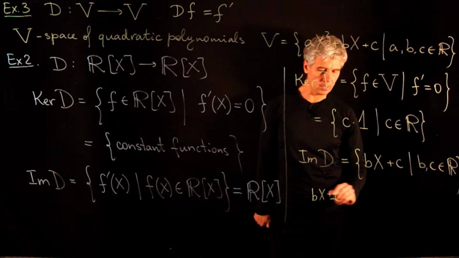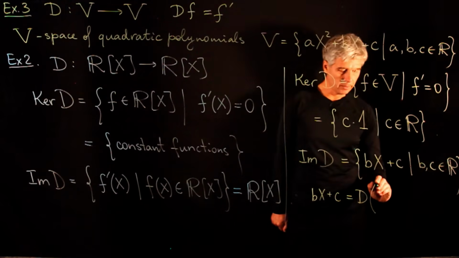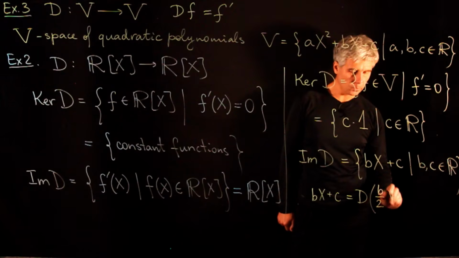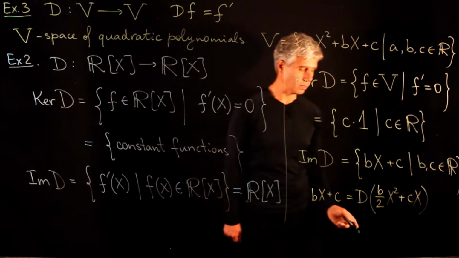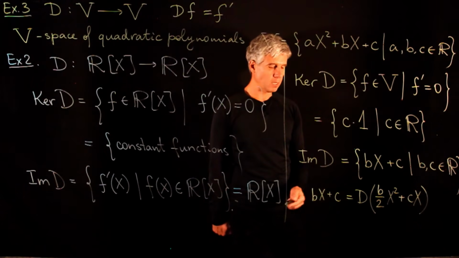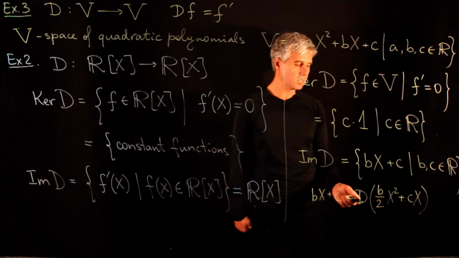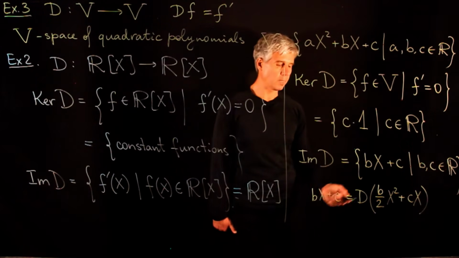Well, we can even say it's an image of what? So it's D of (b over 2) x squared plus cx, right? So any polynomial which has degree at most 1 can be written as a derivative of a quadratic polynomial.